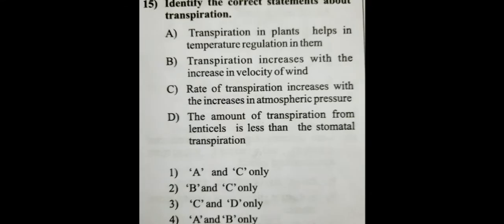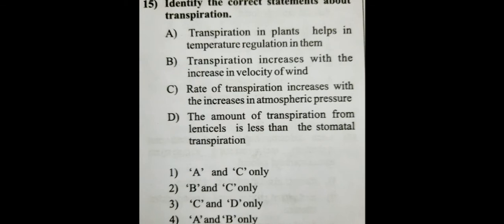Look at 15th question. Transpiration in plants helps in temperature regulation in them. Transpiration increases with the increase in velocity of wind. The rate of transpiration increases with the increase in atmospheric pressure.